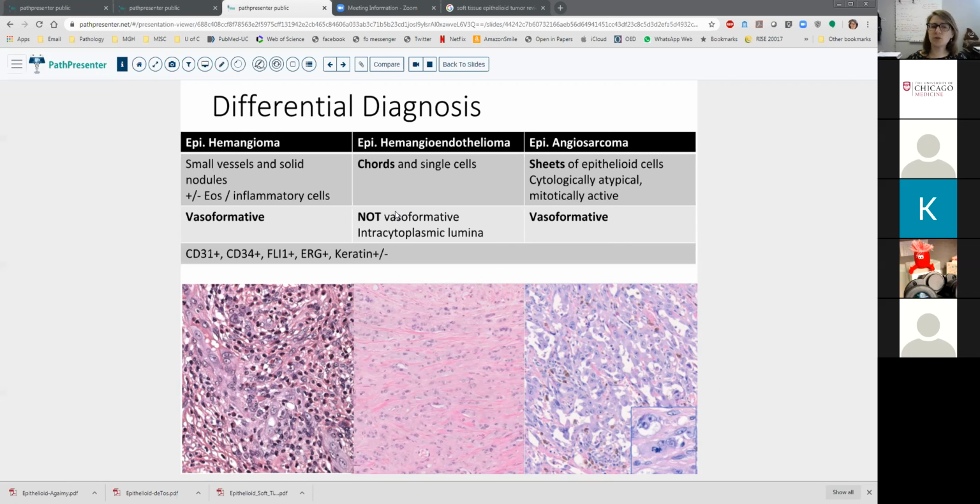The one thing you can do to differentiate benign from intermediate or malignant is actually identifying the pericytes. In epithelioid hemangioma, or things like pyogenic granuloma, lobular capillary hemangioma, they should still have a smooth muscle actin positive pericyte layer surrounding these vessels, because they are still recapitulating benign normal vascular morphology.